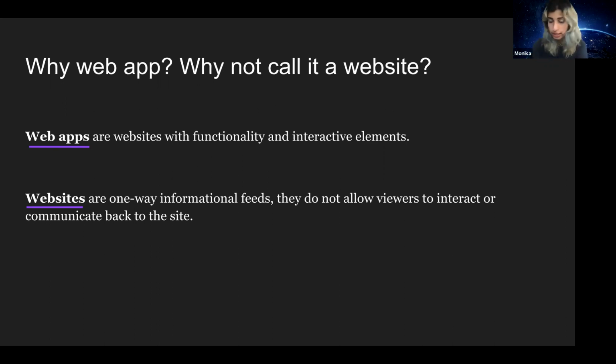E-commerce sites are apps technically, but they're hosted on websites and they have their interface being the website. So what we're going to be building today is more of a web app because it actually takes user input and does some sort of function, and it's not just an information feed.